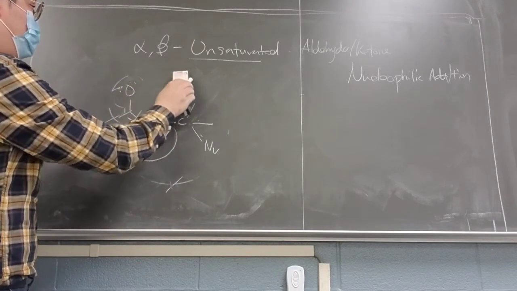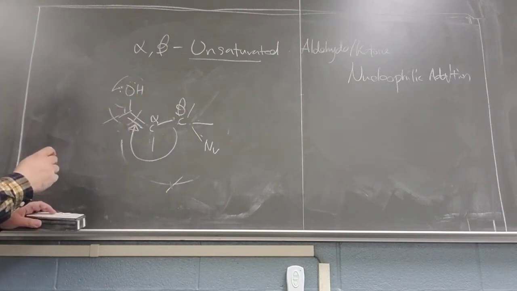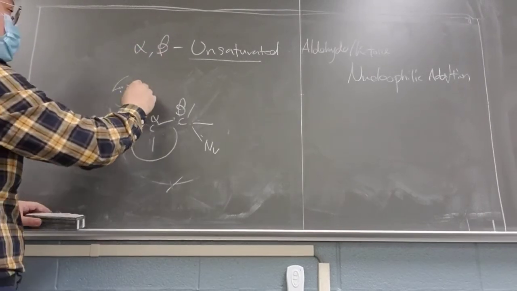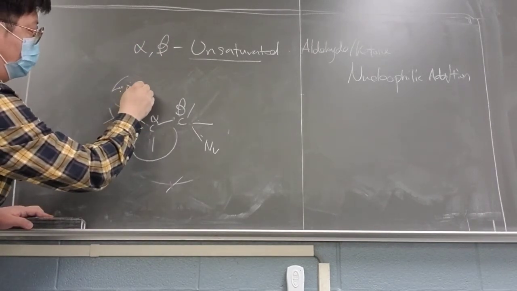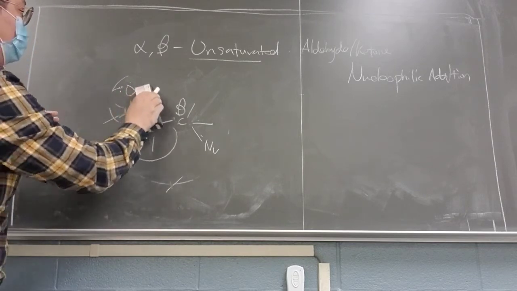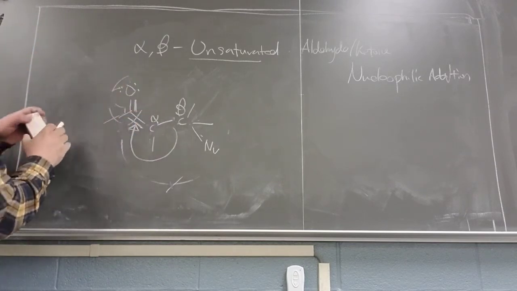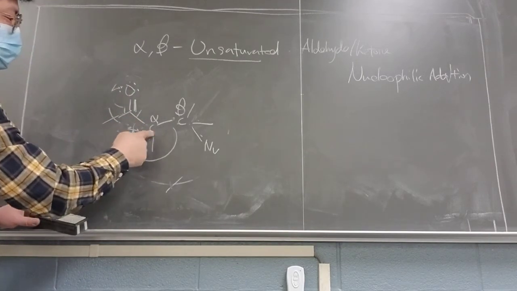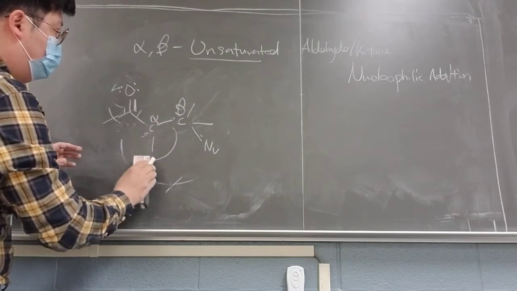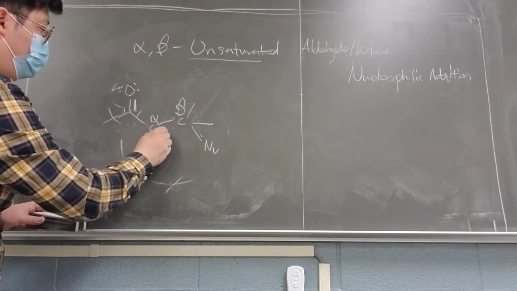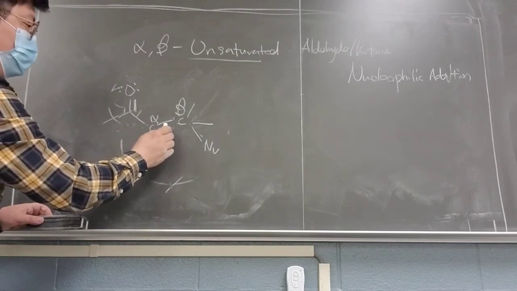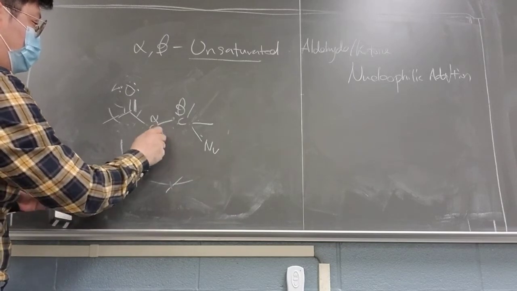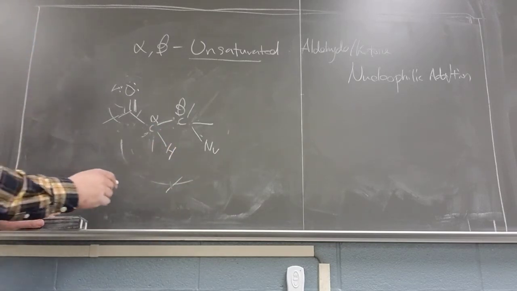Later the proton can be taken by water or base, so this one goes to here. Now it becomes a double bond again, and this will also push electrons to the alpha carbon, because it can go back to the carbonyl again. Now the alpha carbon has a lone pair with a negative charge, and it grabs a proton later, so you have addition eventually.